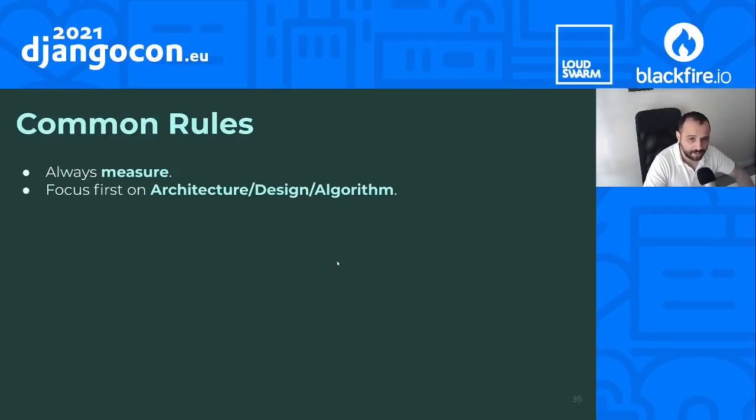And the second thing I would say is to focus first on architecture, design, and the algorithm being used. When we first see a performance problem as humans, I identified a pattern among the people I have worked with, and myself included, that we tend to hurry on fixing the issue right away without too much attention. However, maybe there is a fundamental design problem behind a seemingly subtle performance issue.